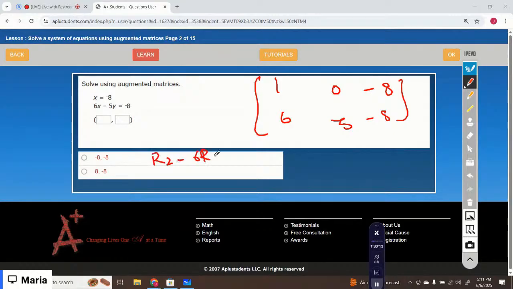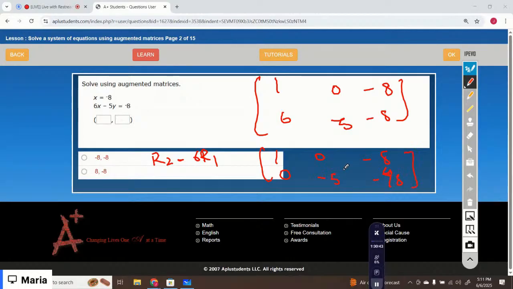R2 minus 6R1, right? So 1, 0, -8. So 6 minus 6 is 0. Then -5.